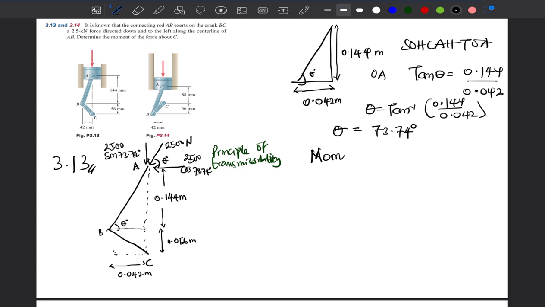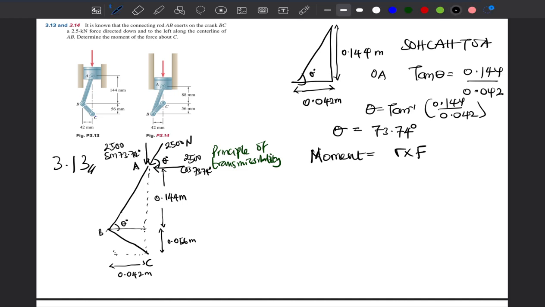The formula for our moment is R times F, where R is the perpendicular distance and F is our force. The moment is going to be a sum of the moment of our vertical component and our horizontal component.